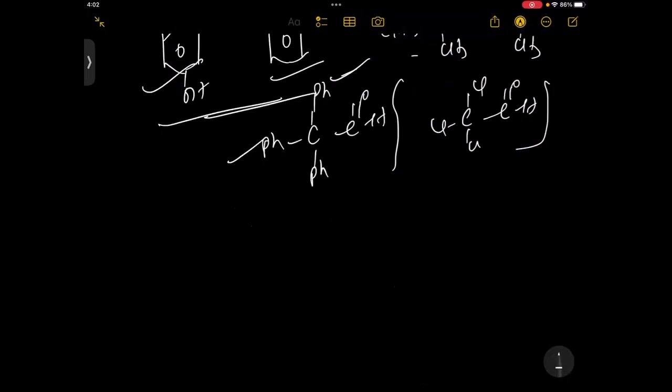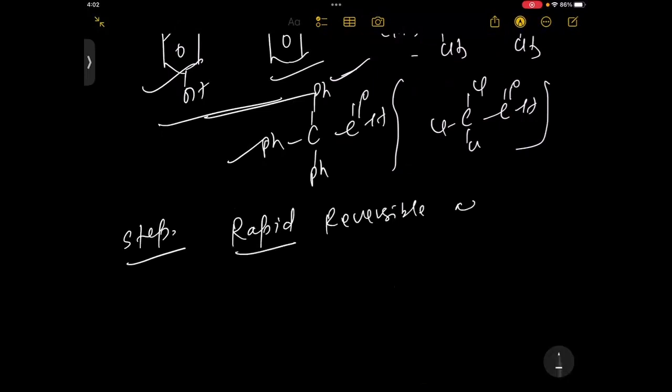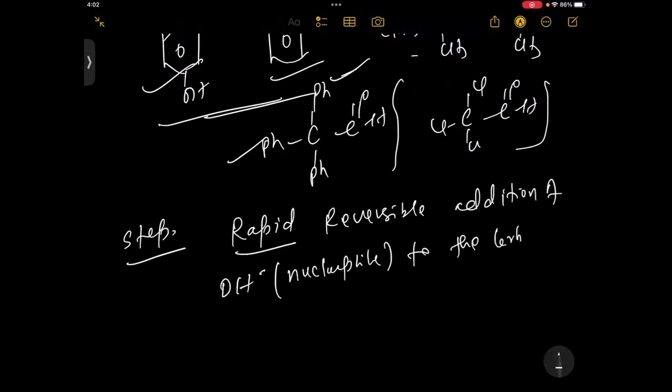So first is the rapid reversible addition of the nucleophile OH minus to the carbonyl group.